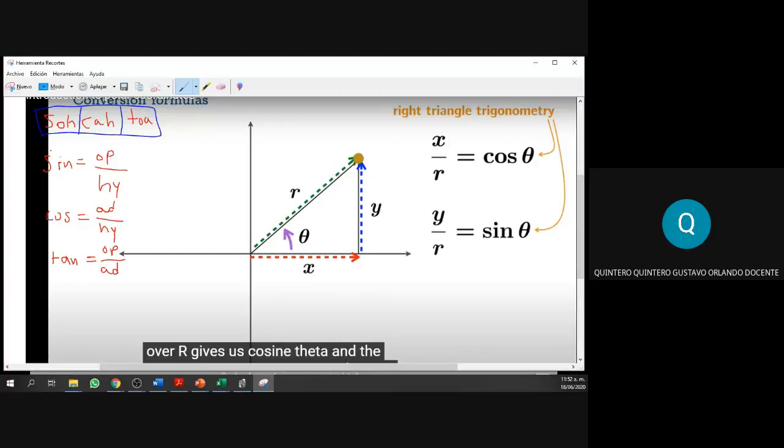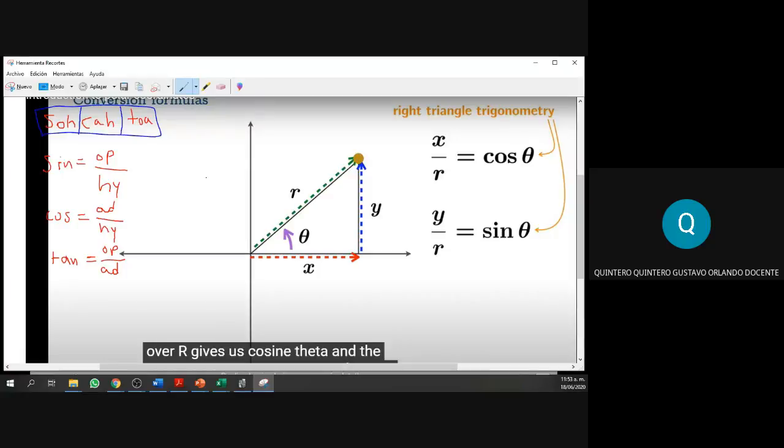So the S is for sine, O is for opposite, H is for hypotenuse. And it works for everything else. C is for cosine, A is for adjacent, and H is for hypotenuse. And tangent, opposite, adjacent, right? Just in case you didn't know.